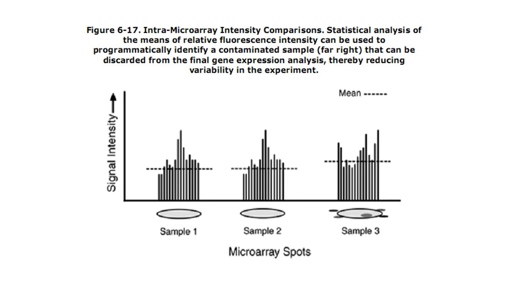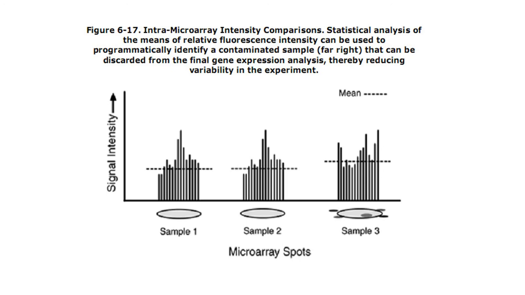This can be used programmatically to identify contaminated samples that can be discarded from the final gene expression analysis, because we want to discard the defective spots. We have to identify them, and in that way we can reduce the source of variability by removing the defective spots.